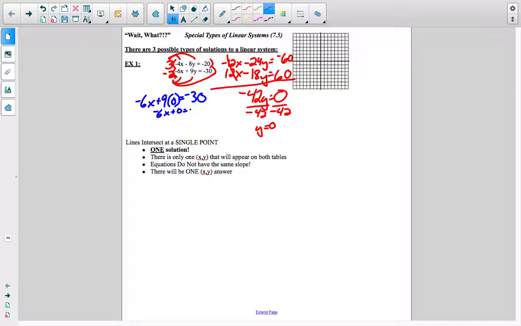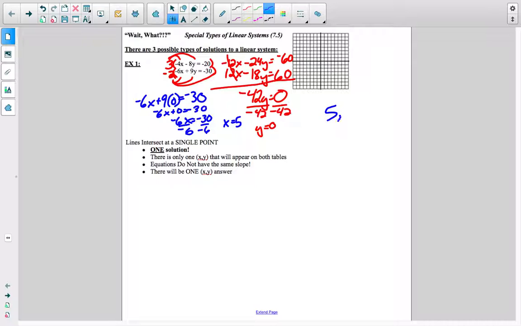Typically you won't get 0 and then you have to undo that thing, but subtracting 0 doesn't change either side. So really we have negative 6x equals negative 30. So we just divide by negative 6. We get x equals 5.